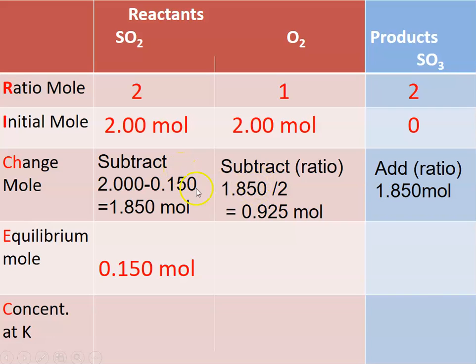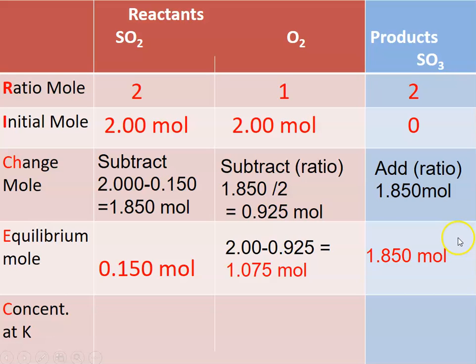So we've lost these, subtracting from here, it's reacted, subtracting, and we've formed, so we've added this much. We did the same here. If we took that away from our initial amount, that's how much we have at equilibrium. If we take this away from our initial amount, that's how much we had at equilibrium. And if we produce that much sulfur trioxide, then that's how much we have at equilibrium.